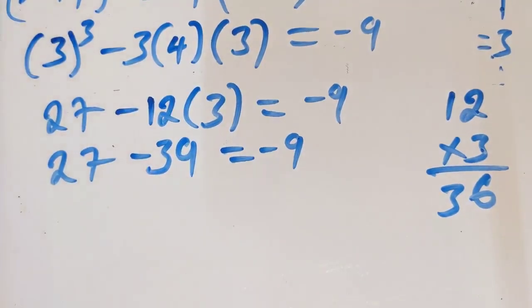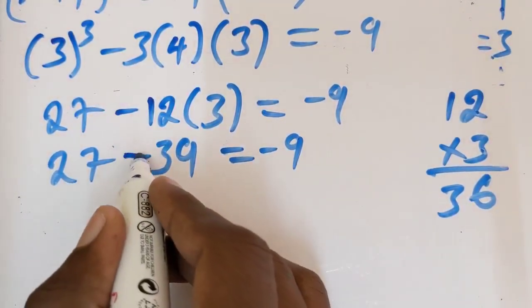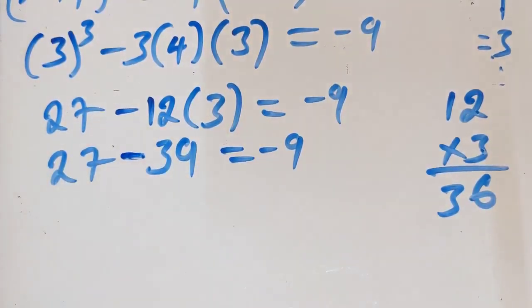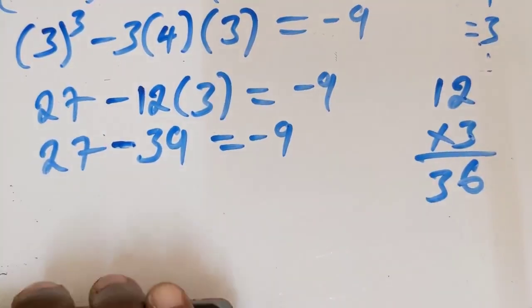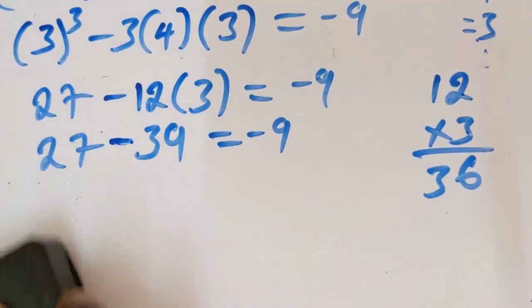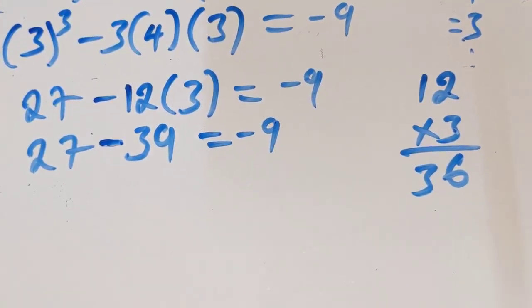Okay, know this rule. When you are subtracting a bigger number from a smaller number, this is what you are supposed to do. In case you forgot from secondary, they didn't teach this, but I'm going to teach you this.